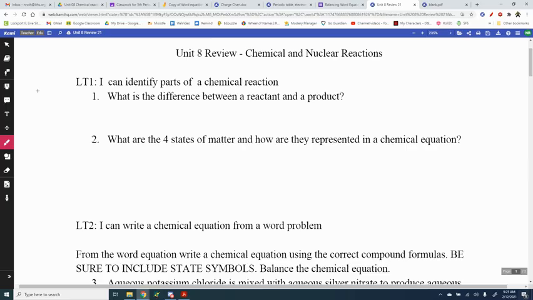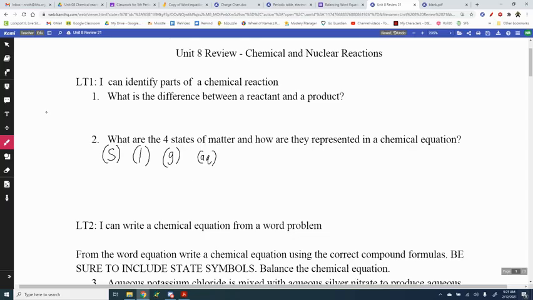The four states of matter and how they are represented in a chemical equation. Solid is represented by an S in parentheses. We have liquid, gas, and aqueous.